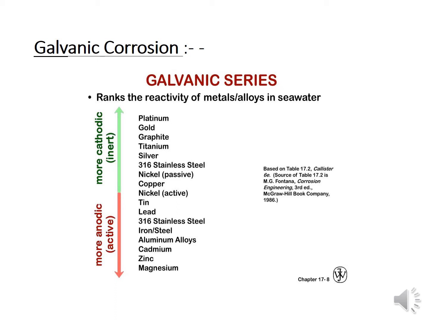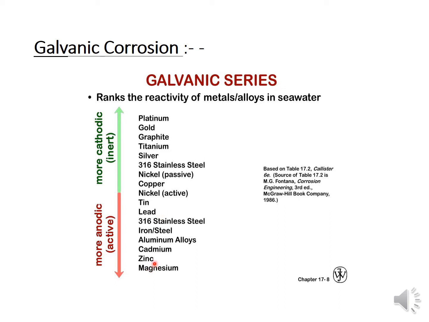When platinum and lead are in contact with each other, as per the activity series, lead is at the bottom of the series and platinum is at the top of the series. Due to that, platinum will act as cathode and lead will act as anode. Lead will undergo corrosion.